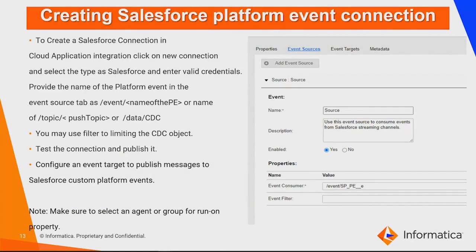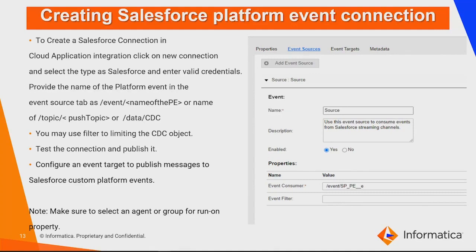To create a Salesforce connection in cloud application integration, click on new connection and select the type as Salesforce and enter the valid credential. Provide the name of the platform event in the event source tab. In case you are creating a connection for a platform event, then you need to prefix with /event and the name of the platform event. In case you are connecting to a push topic, then you should prefix your event source with /topic followed by the push topic name.